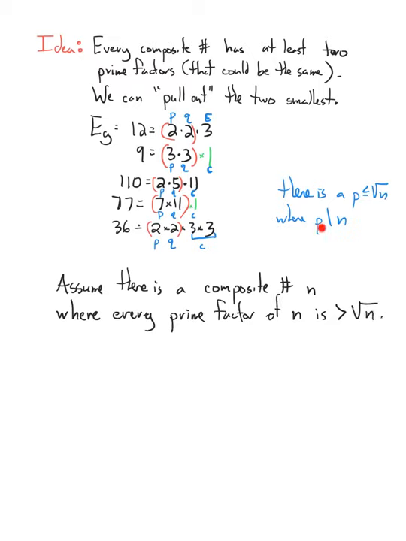If we're saying that the then part is false, the then part here being there is a prime factor less than the square root of n, well, if that's false, it must mean all prime factors are greater than the square root of n. So that's what we're going to assume. Okay, so we've set up our situation. The if part was true, the then part is false. So, what does that mean? Well, we called it n.